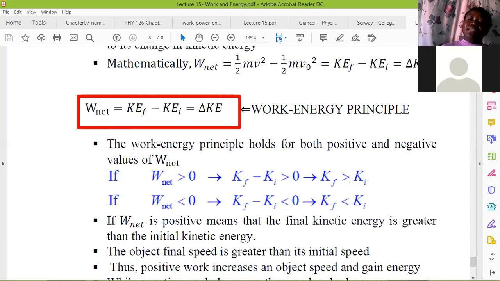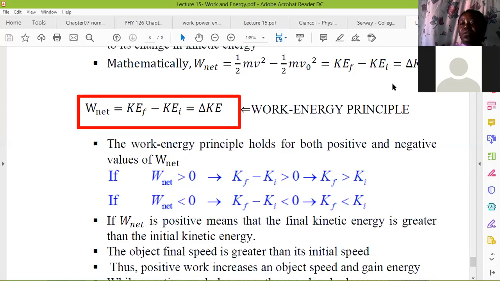So your final kinetic energy is greater than the initial kinetic energy, which means the object's final speed is greater than its initial speed.